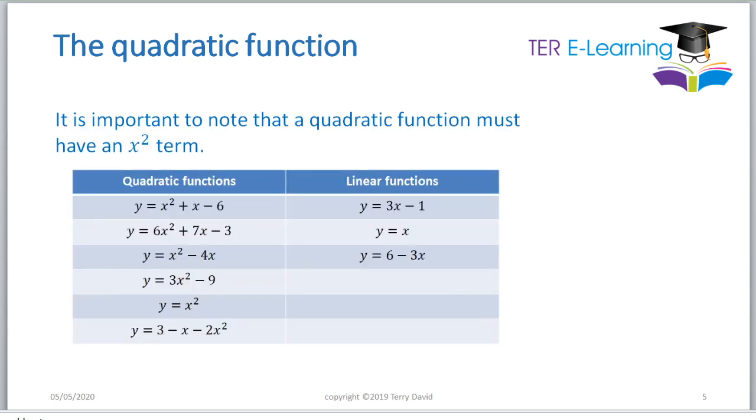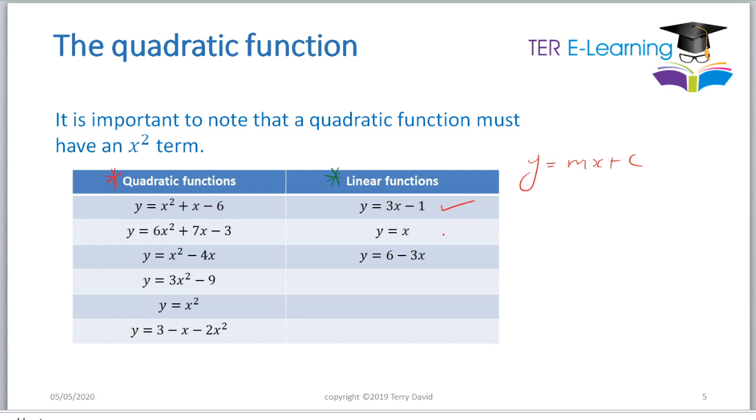So let me show you some more examples here. In this table, I'm trying to show you the difference between a quadratic function versus a linear function. A linear function is always of the form y equals mx plus c. The first one here, y equals 3x minus 1, is a linear function. In this case, m is equal to 3 and c is equal to minus 1.